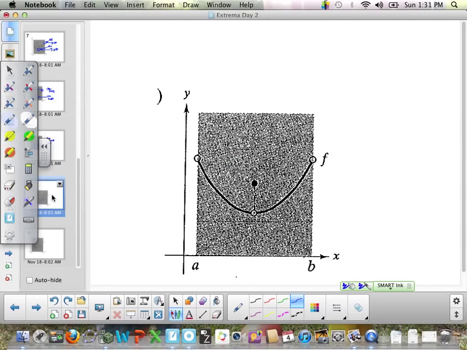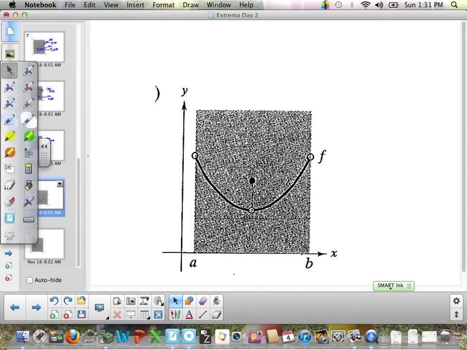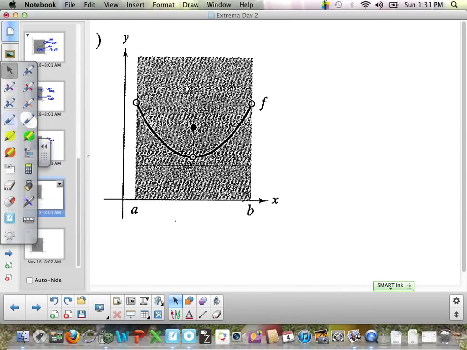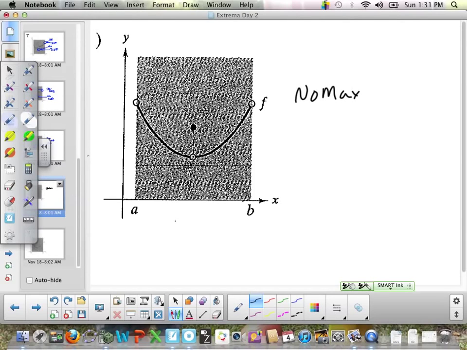Take a look here. Is there a relative max, or an absolute max, or an absolute min? Well, look at the open and closed circles. We can see that there is no max, and there is no min, because there are open circles at both the max and the min values.